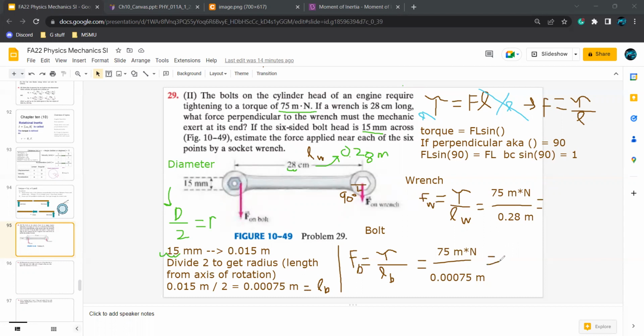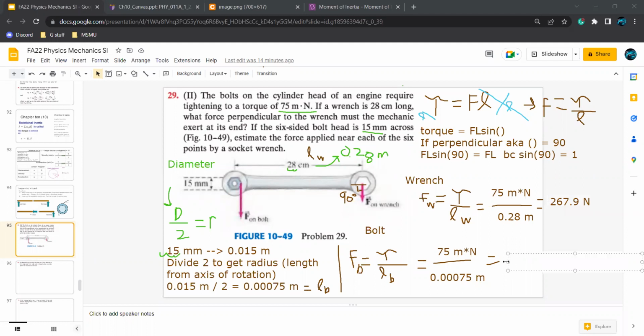You just draw this first. 75 divided by 0.28 equals 267.9-ish newtons.